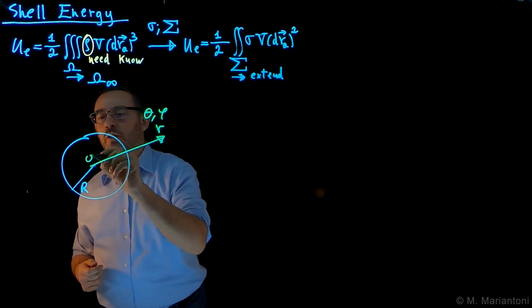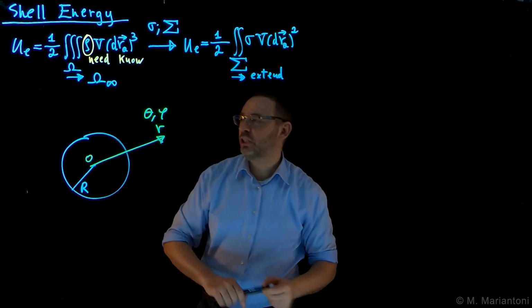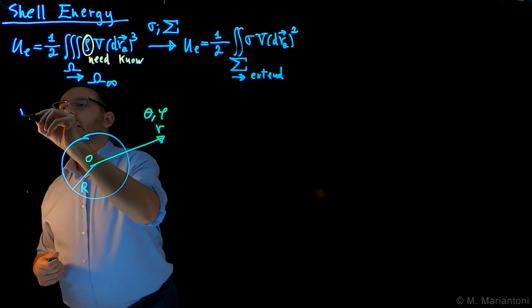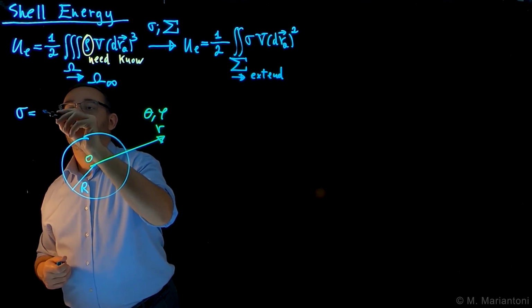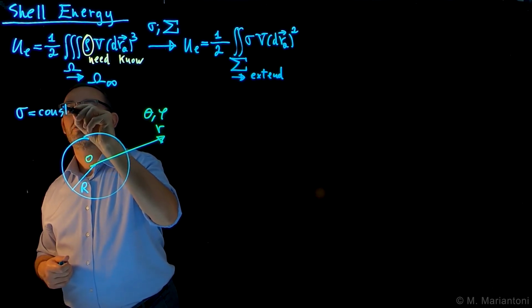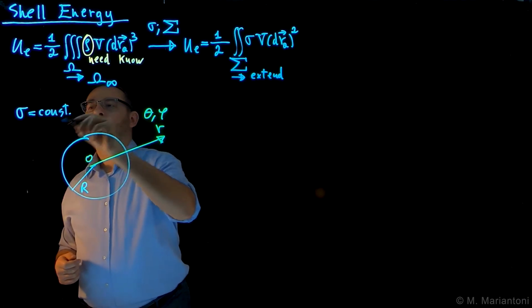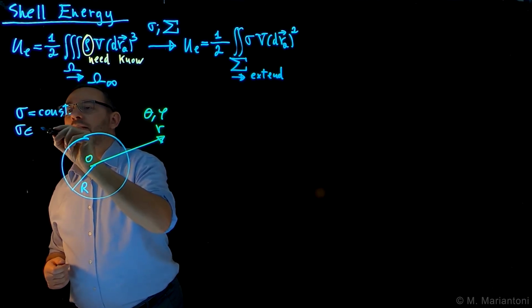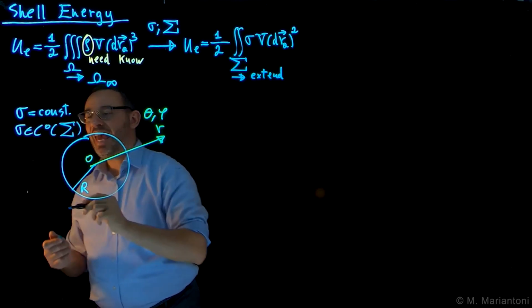This is the origin here. Suppose that this shell is characterized by a uniform surface charge distribution with density small sigma equal to a constant, and suppose that this sigma is continuous, C naught, on the entire surface capital Sigma, so it's well behaved.